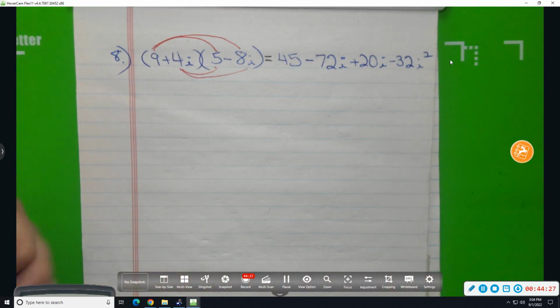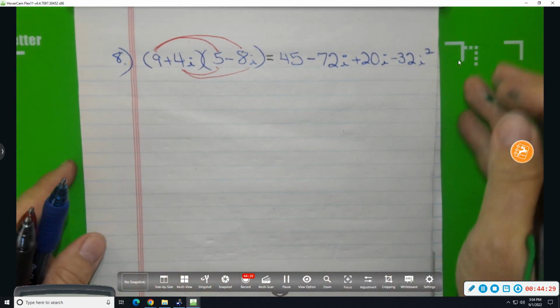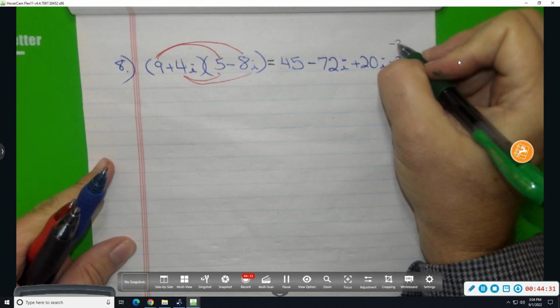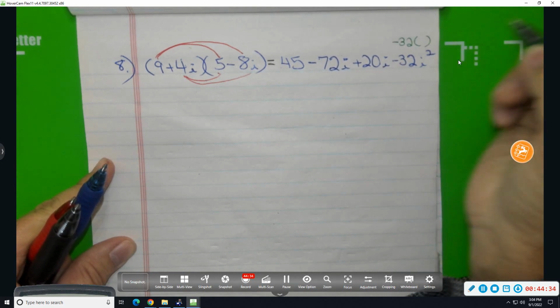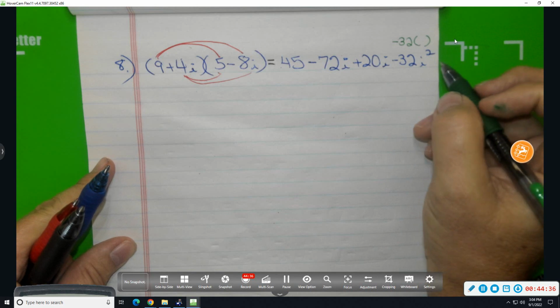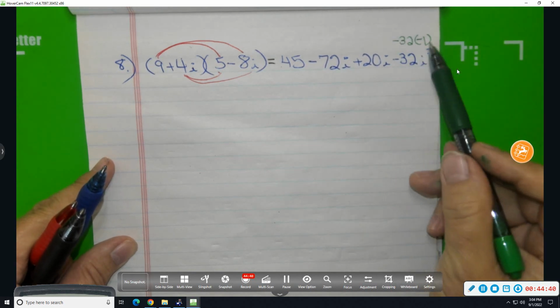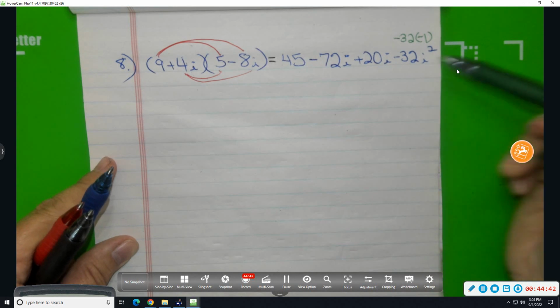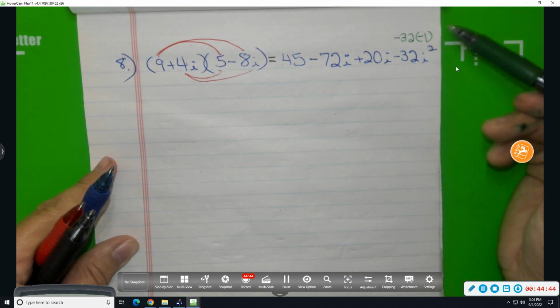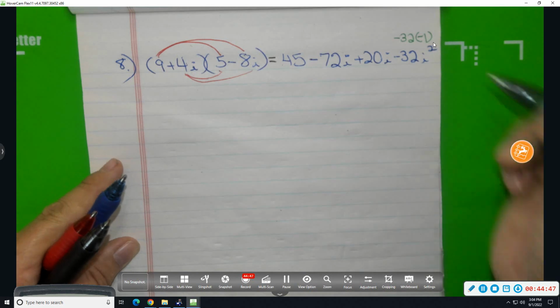I have a minus 32 times, what did I say i squared equals? -1. So we have a negative 32 times a -1. What's this last term going to become? A positive 32.